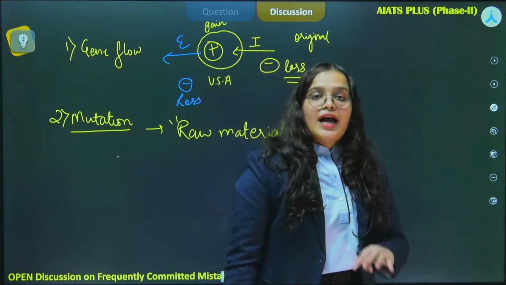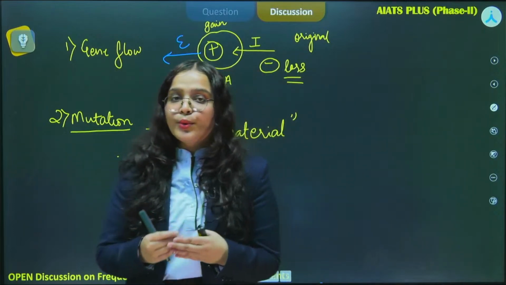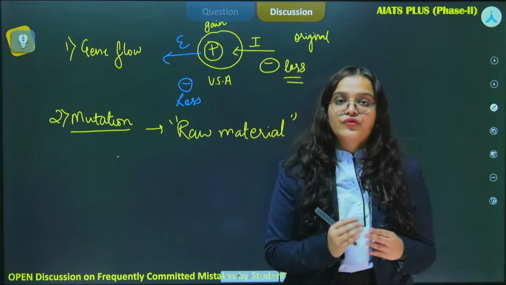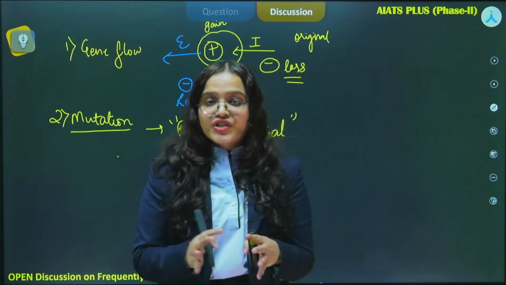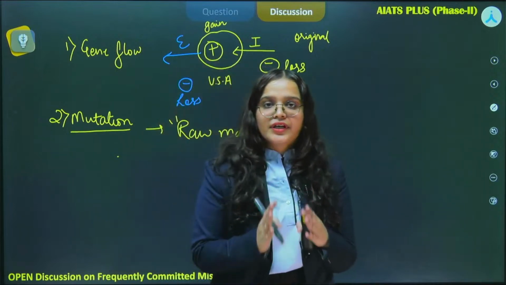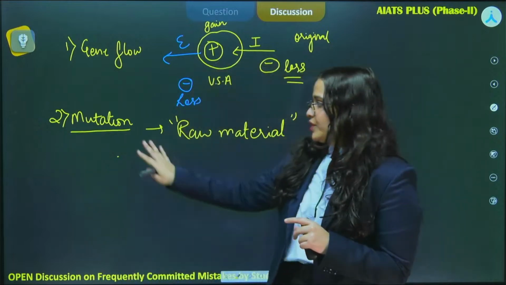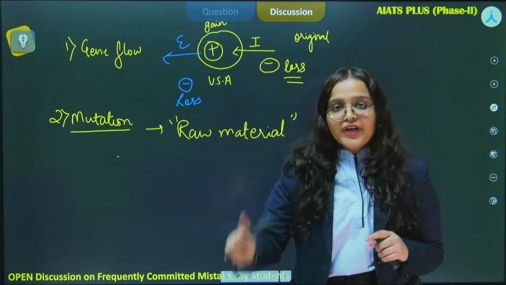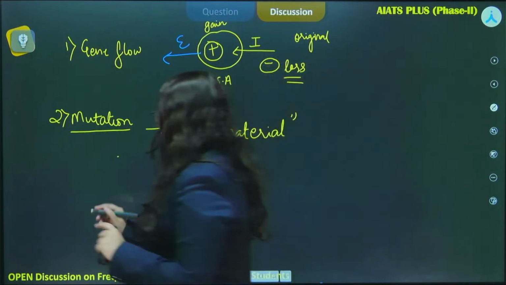What happens is that if an organism is undergoing mutation, then when natural selection operates, the organism which is most favored in a given condition will survive.